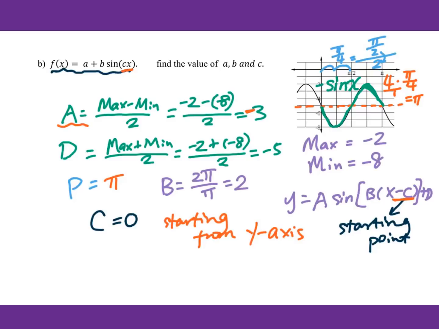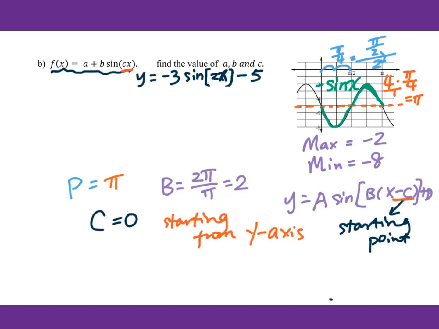Now we can write down this trig function according to our pattern. That is y equals negative 3 sine. B is 2. C equals 0, so we write down here the 2x. Then plus D, that means minus 5.